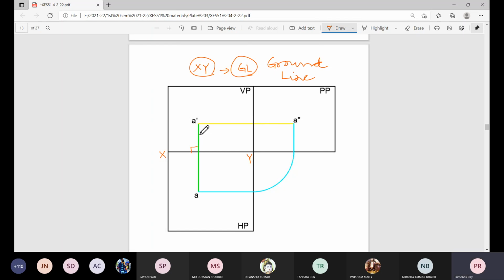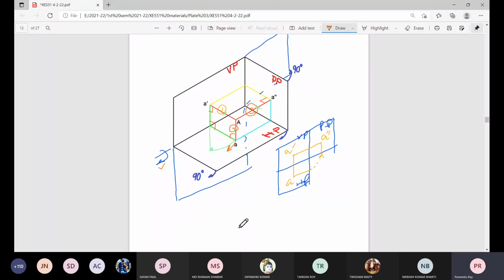Now, what about this distance? This is the distance from the horizontal plane. This distance is the distance from the vertical plane. And if you move back to that previous diagram and erase those unnecessary lines, we are making it clumsy.